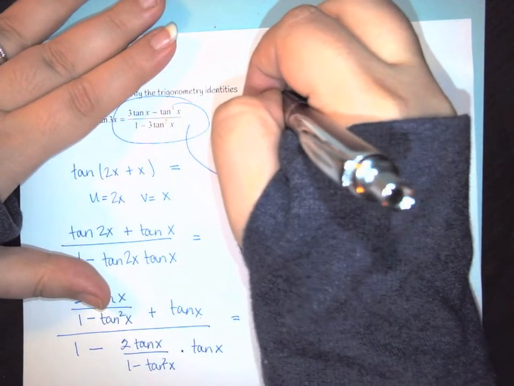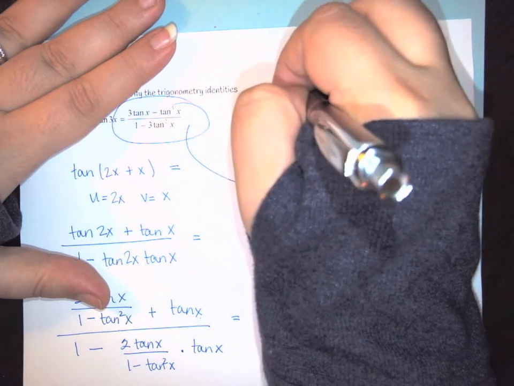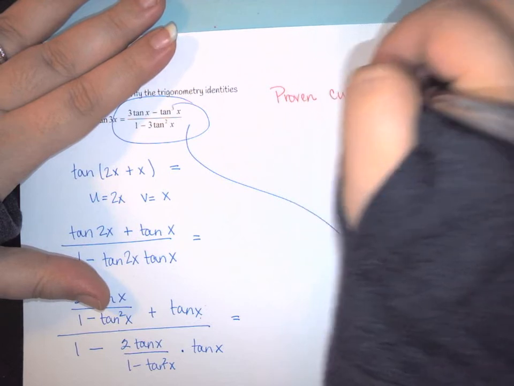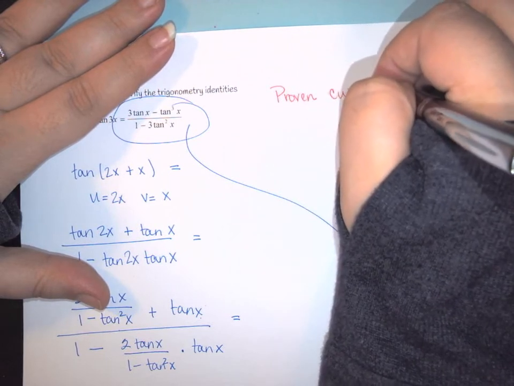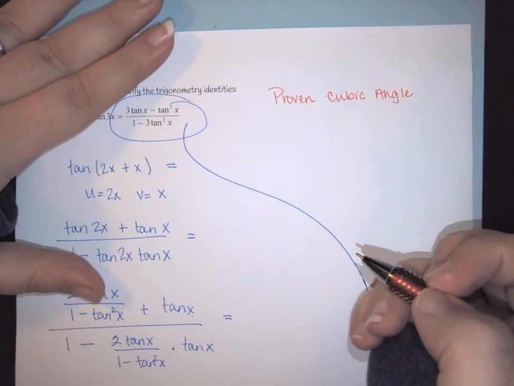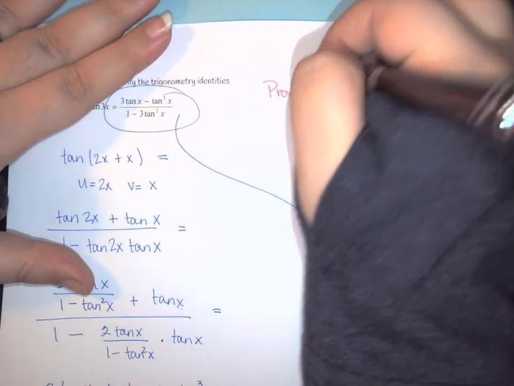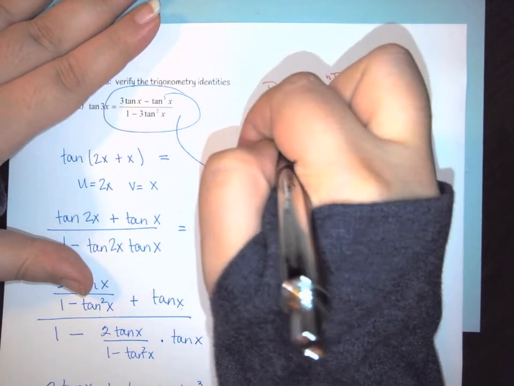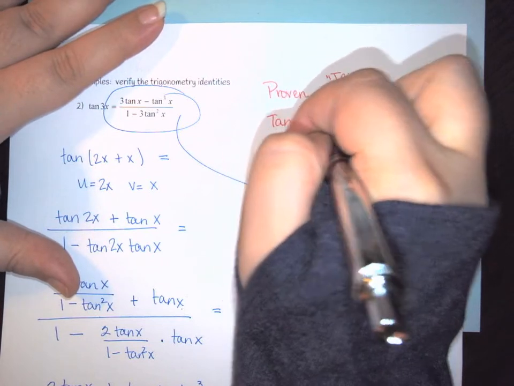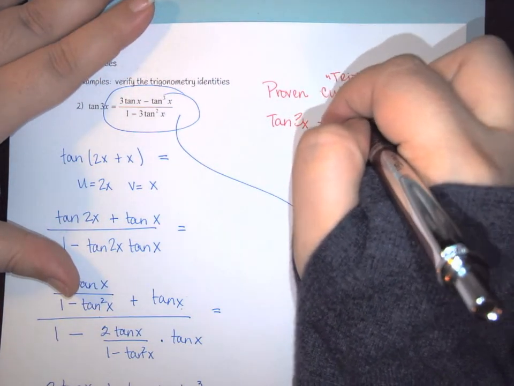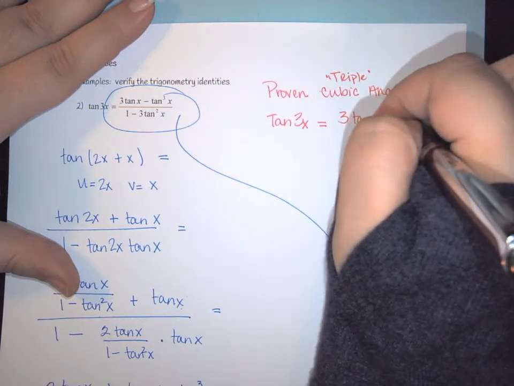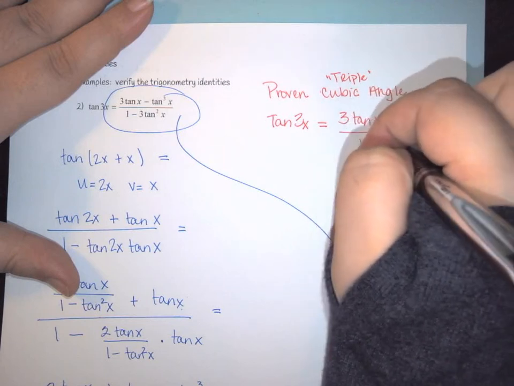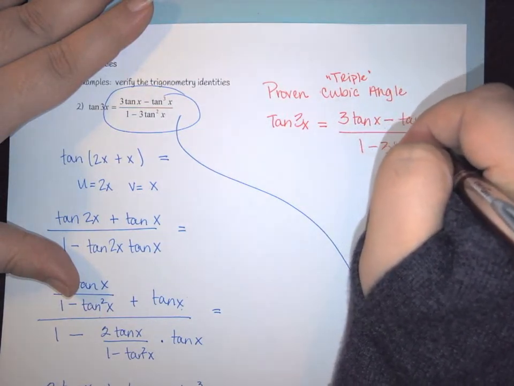So what I just did is I have now proven a cubic angle, or what can be called a triple angle, in that the tangent of 3x does indeed equal 3 tangent of x minus the tangent cubed of x all over 1 minus 3 tangent squared of x.